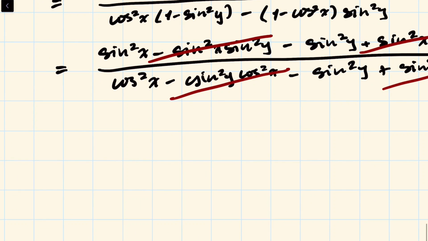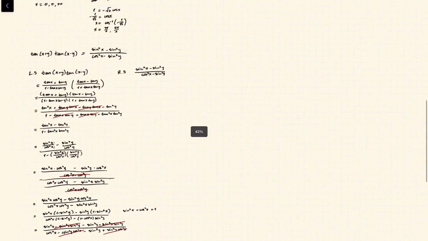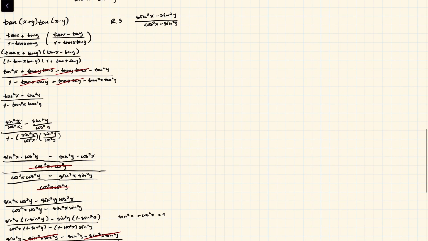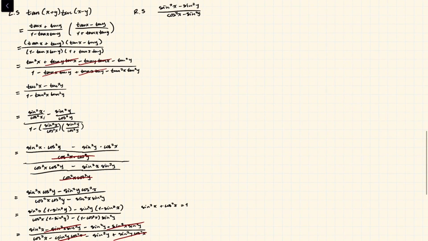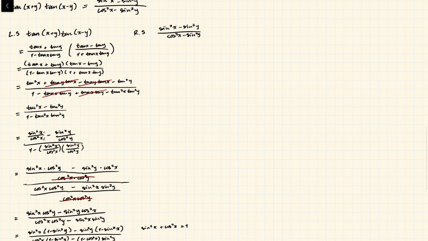And so, rewriting it now, it's sine squared x minus sine squared y over cos squared x minus sine squared y. And is that what we have up here? Sine squared x minus sine squared y over cos squared x minus sine squared y. Yeah, that is what we have.